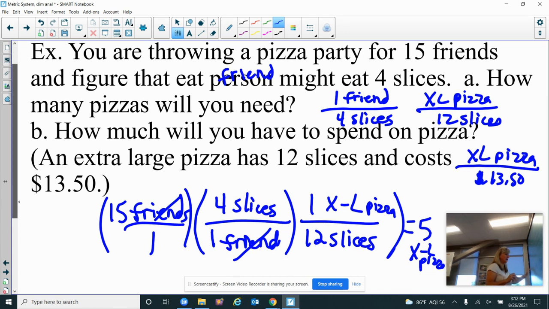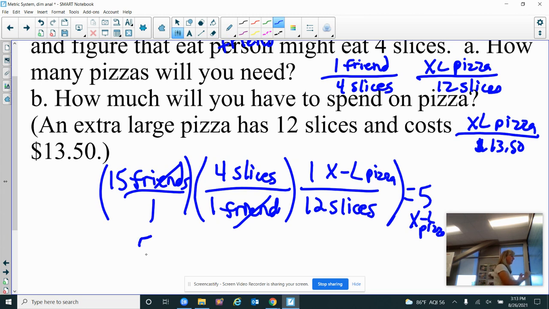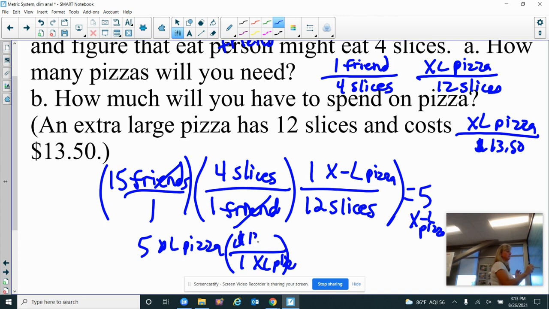Then part B asks about cost. So for 5 XL pizzas, one XL pizza is $13.50. That gets me from pizza to dollars.